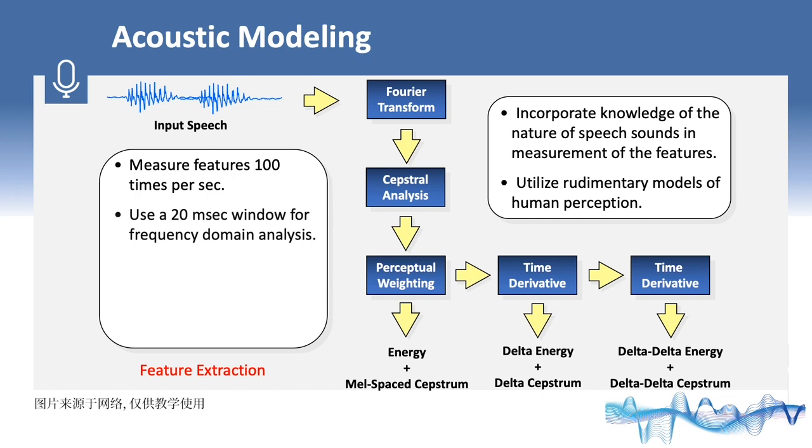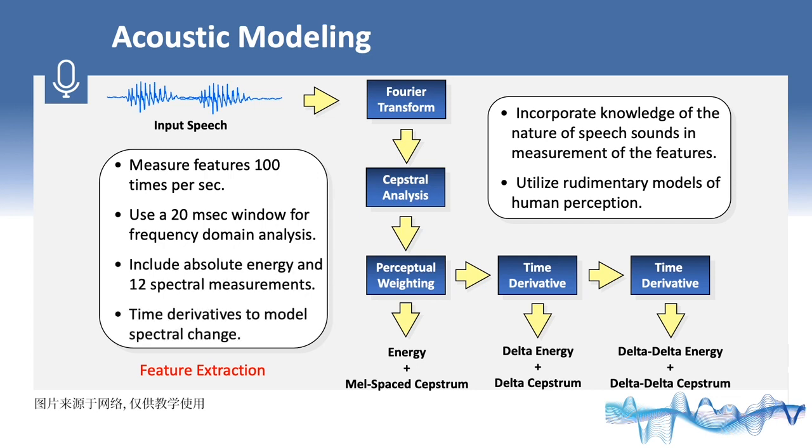After spectral analysis, the output features include absolute energy and 12 spectral measurements. Then, time derivatives of energy and spectrum are used to model the energy and spectral change.